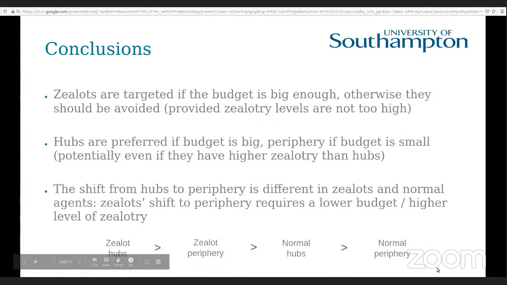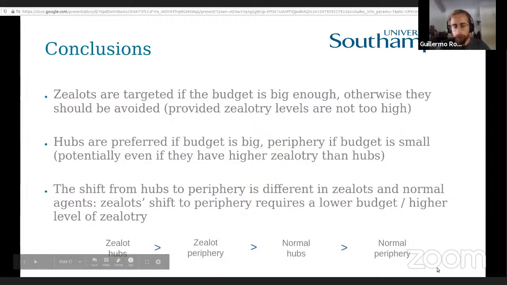Here are two questions via YouTube. The first one is: have you checked if other characteristics of the network's topology, such as the density or clustering coefficient, moderately affect your result? No, we haven't checked. Apart from the three topologies that I've shown, we didn't explore much further, so I don't know about other characteristics.